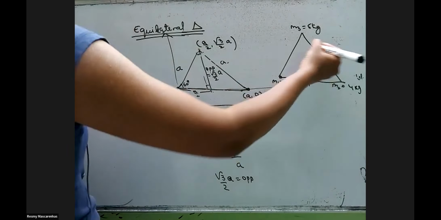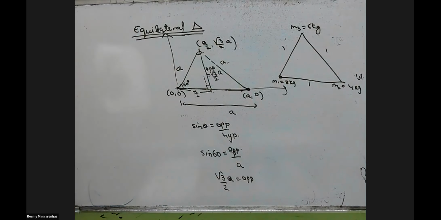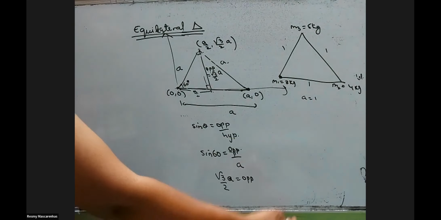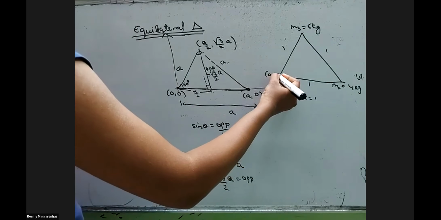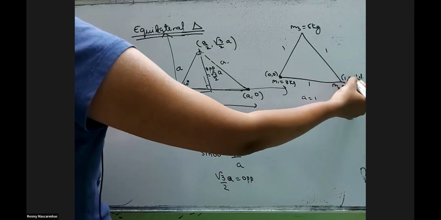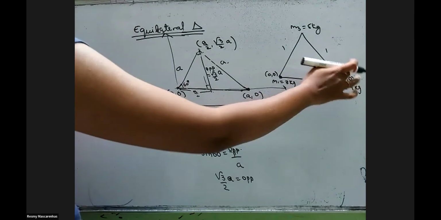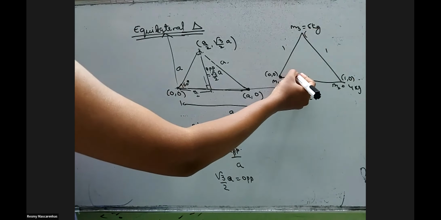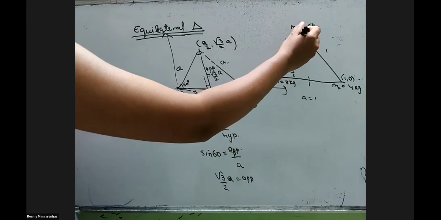Everything is 1 meter, so A is 1 now. This will be 0, 0 and this will be 1, 0. Just substitute. This will be A by 2, because this distance is half from here to here.